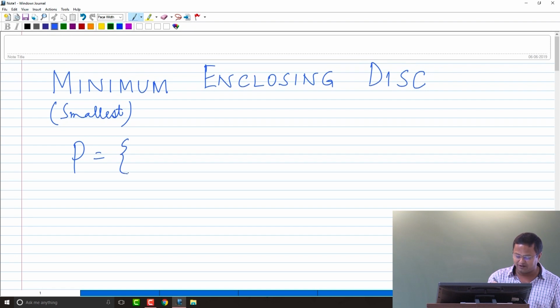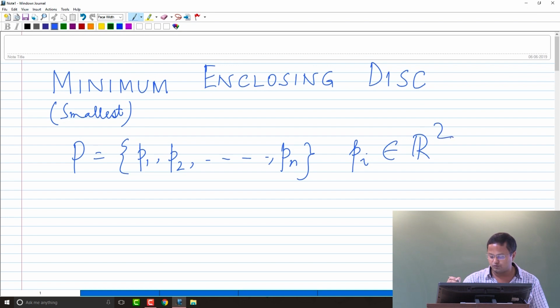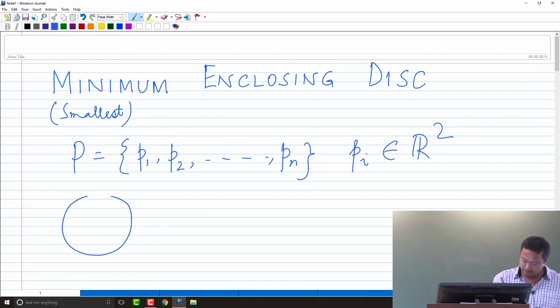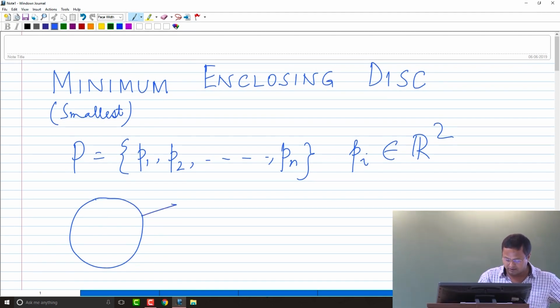Again, as always, you have a set of n points on the plane, in R2. So, let me make this distinction. I will call this a circle, right.